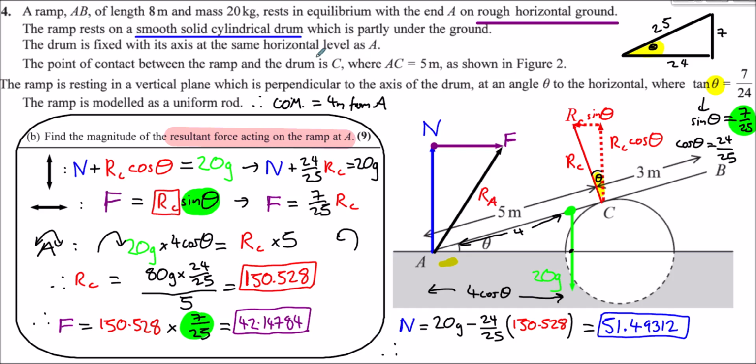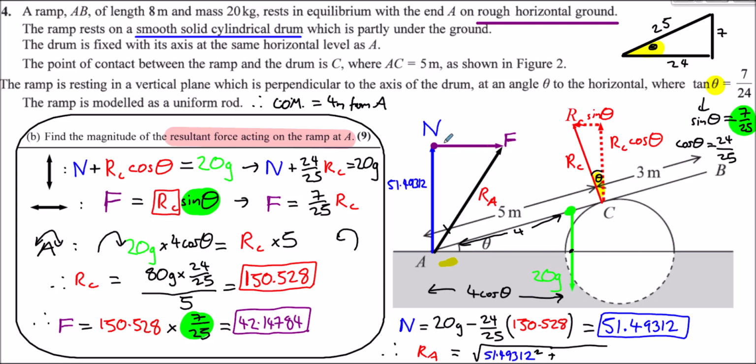So therefore, the reaction at A, the magnitude of it at least, will be the square root of this one squared, which is 51.49312. So square root of 51.49312 all squared plus the square root of the other one squared.